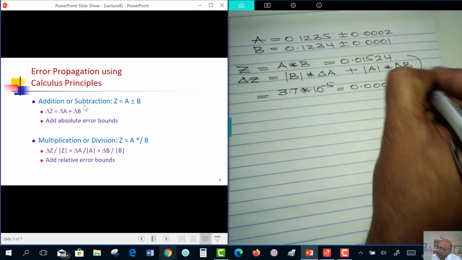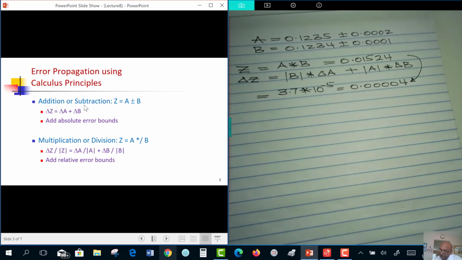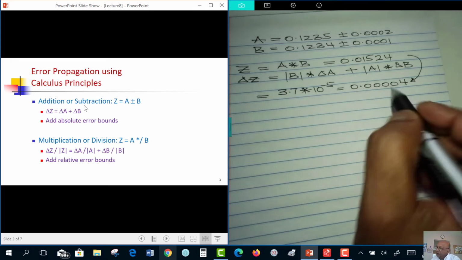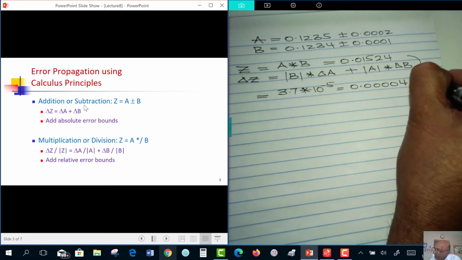So let's see how much percent error we have. Times 100. So we have, rounded up, 0.3% error.